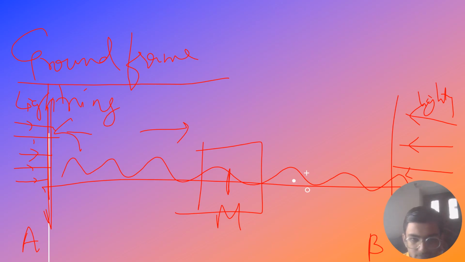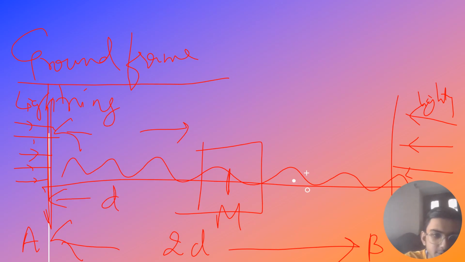To prove that at this particular midpoint the time taken by lightning to reach from both ends is the same, we will consider that AB is of length 2d. Since M is the midpoint, we divide it into d and d. Lightning is coming with a velocity c.